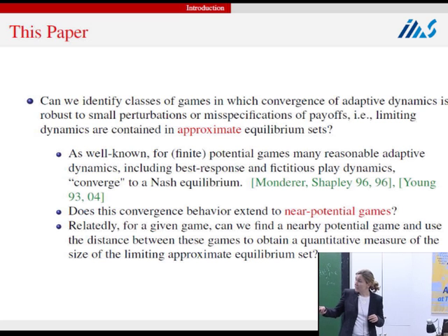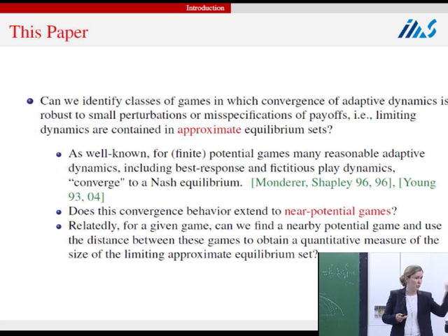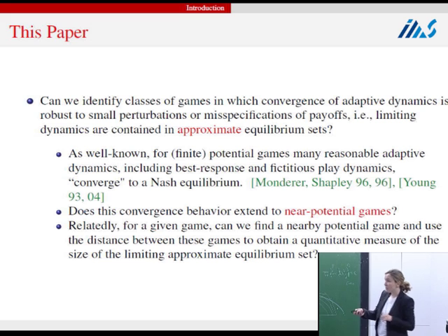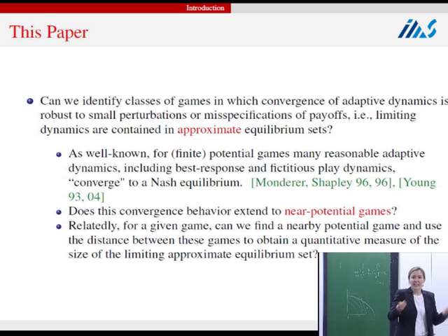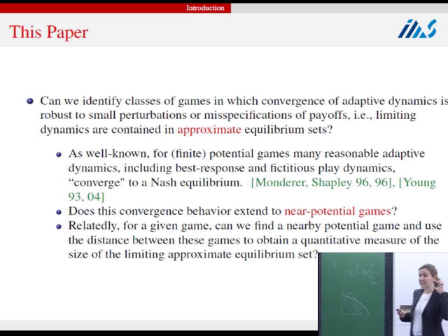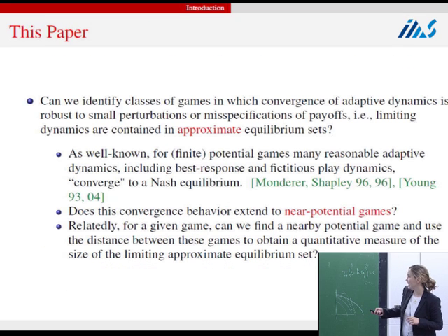So the question then is, does this convergence behavior extend to near potential games, games that are close to the set of potential games? And relatedly, if we're given a strategic form game, can we find a near potential game and use the distance between the two to obtain a quantitative measure of the size of the limiting approximate equilibrium sets?